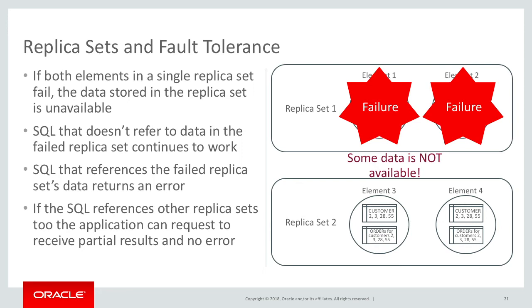Now there is a SQL hint that you can specify in your SQL that will say that's okay, in this case just do the best you can and give me the partial results for just the replica sets that are up and available at the moment. But by default, in this scenario, some data is unavailable and your applications will see some disruption, although data that's not in the failed replica set continues to be available.